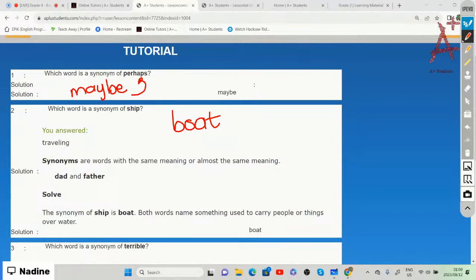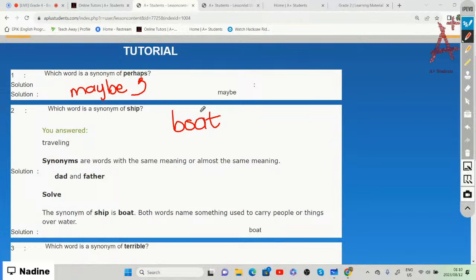And sometimes a lot of people still get the differences wrong between these two. A boat is smaller, whereas a ship is bigger. But both of these, the ship as well as the boat, are used to carry people or things on the water. It's a form of water transport.